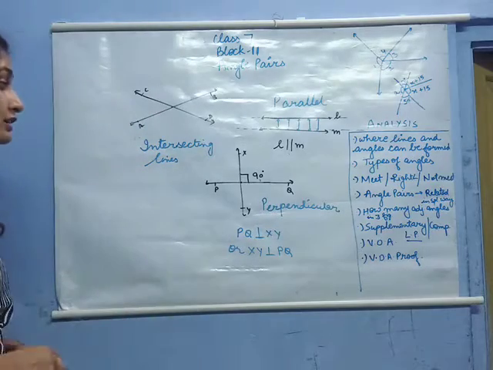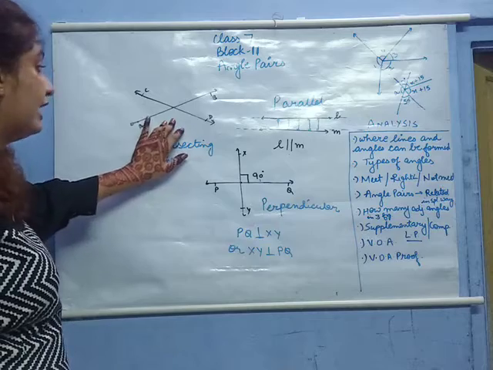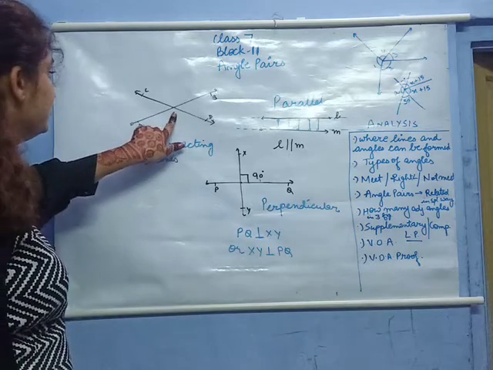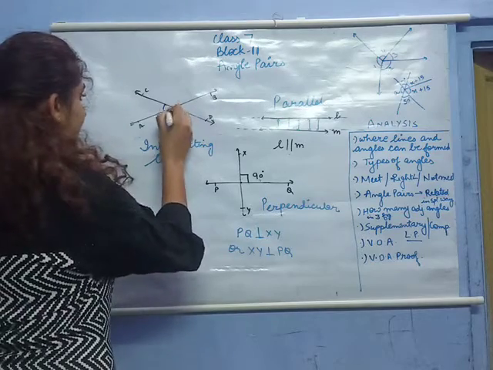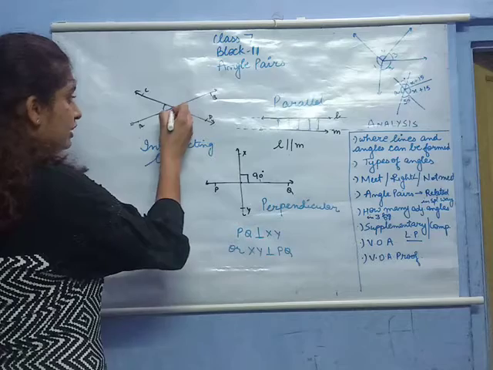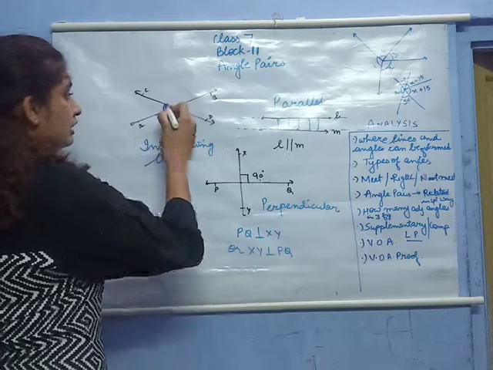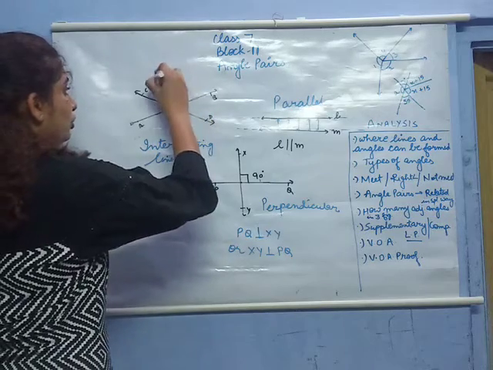Now, if I ask how many adjacent angles are there in this figure, how many neighboring angles are there? See, this angle and this angle, one pair, are next to each other, having the common vertex and a common arm. Similarly, this and this, second pair, this and this, third pair, and this fourth.